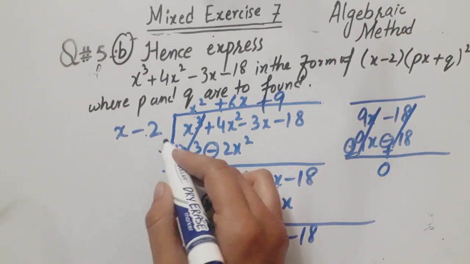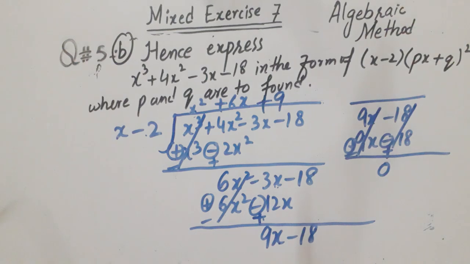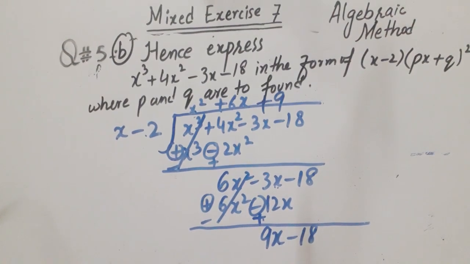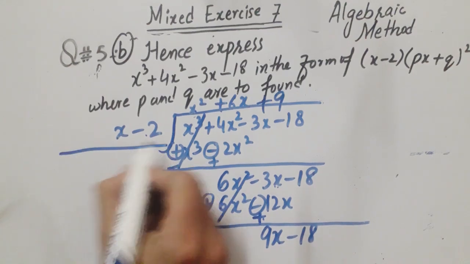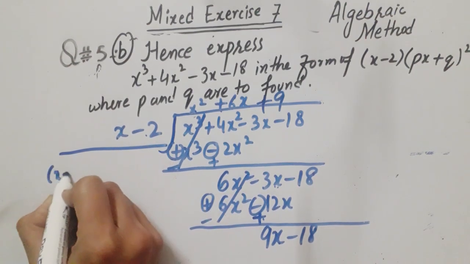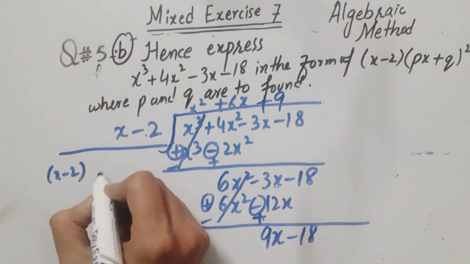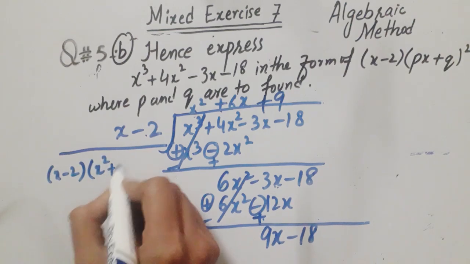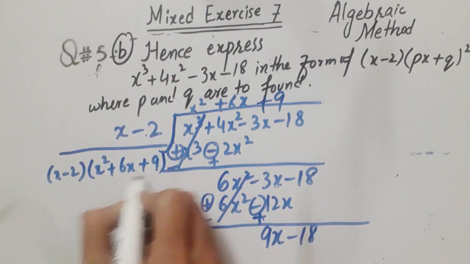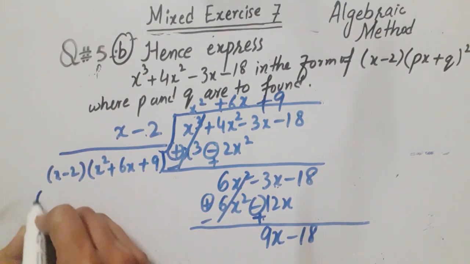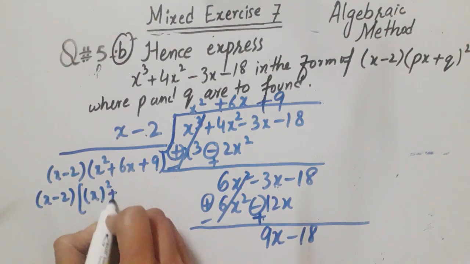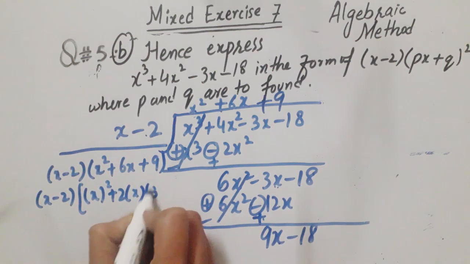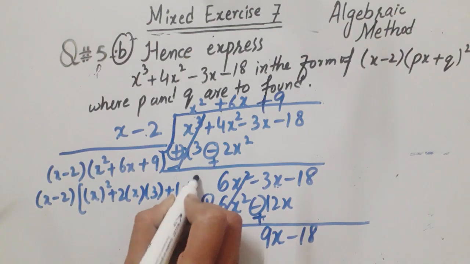Now you will write this in the form of a product. You will write x minus 2 into x square plus 6x plus 9. And x square plus 6x plus 9 is equal to x square plus 2 into x into 3 plus 3 square.